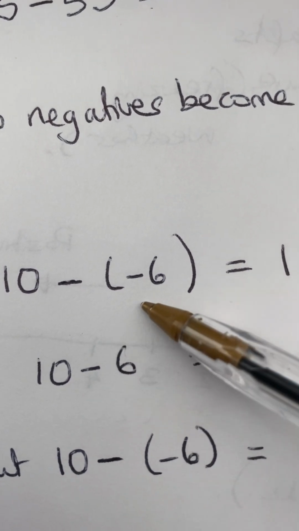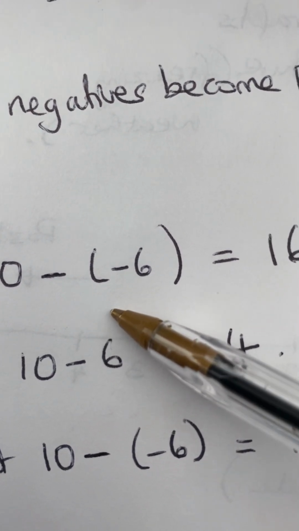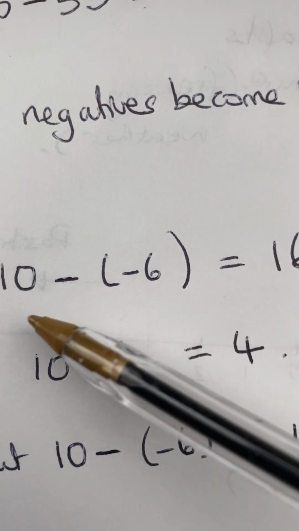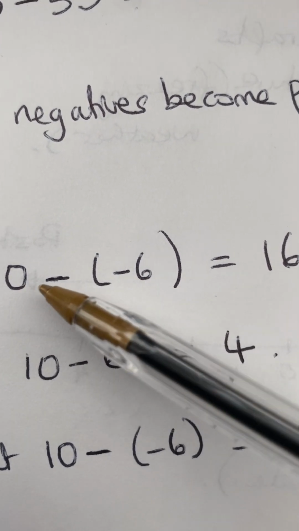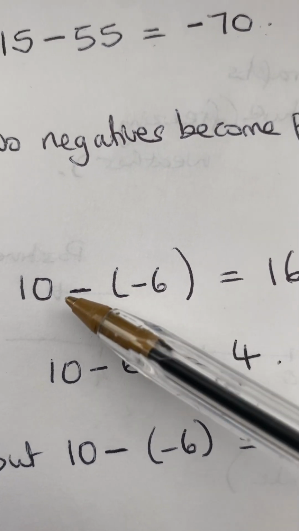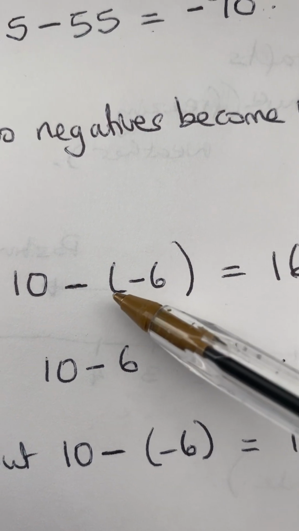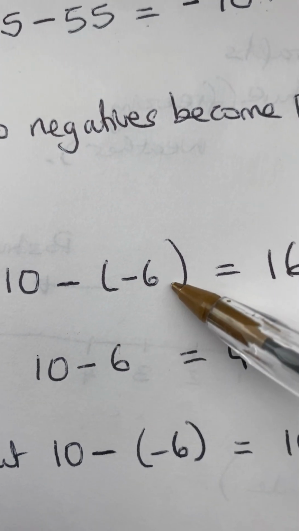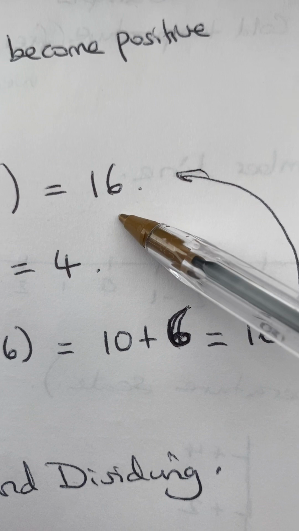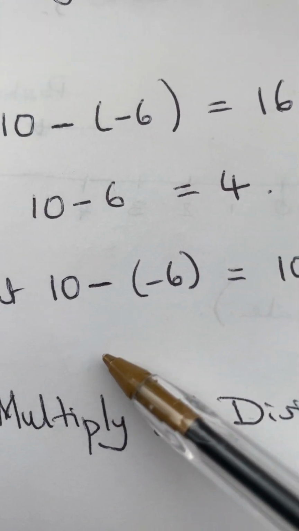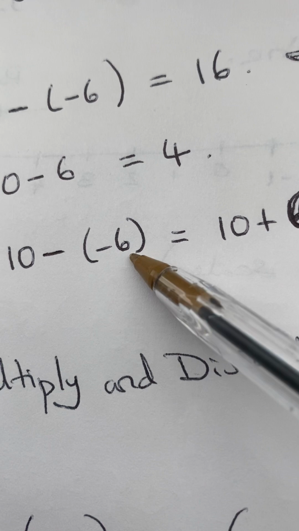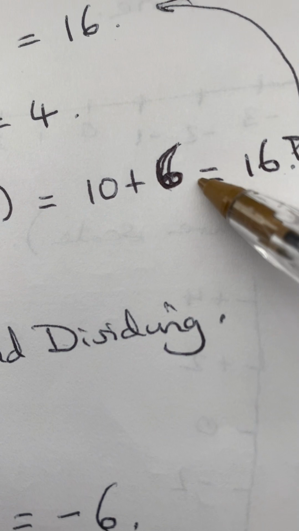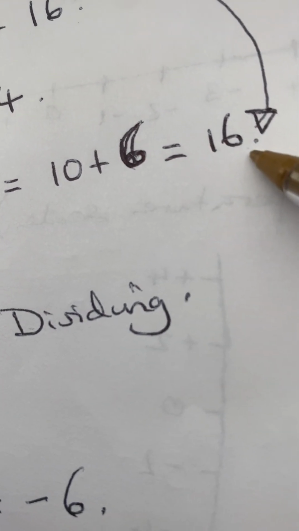This is easier on the number line, but in this case, how you look at it is two minuses become a plus. So 10 minus minus 6 equals 16.